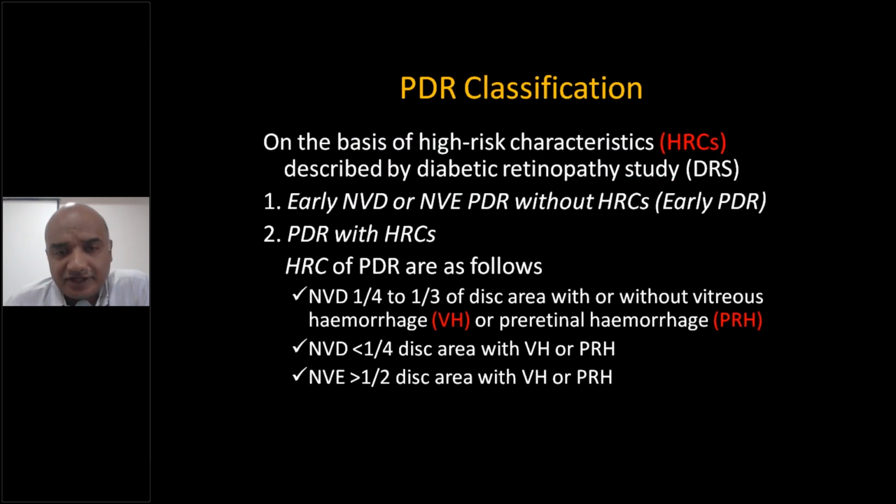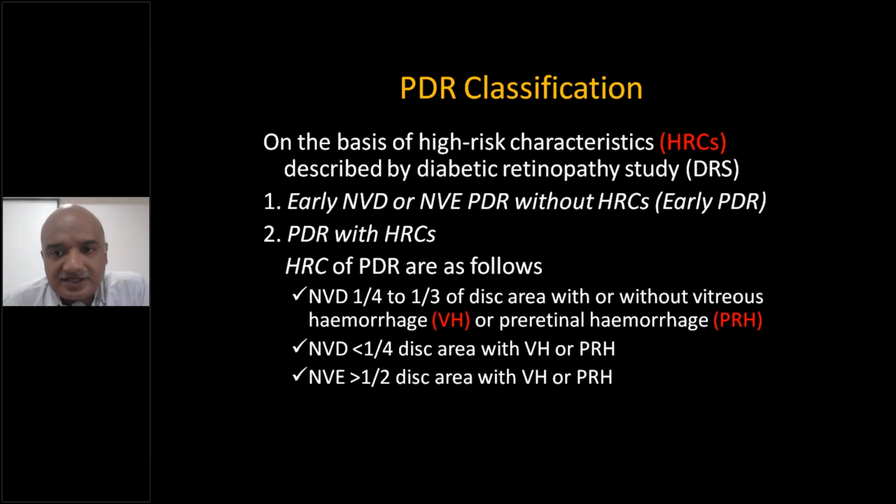How do you classify? Once you have diagnosed a patient to have proliferative diabetic retinopathy, the next thing is what stage? How serious is this proliferative diabetic retinopathy? So they have identified a few risk factors for that. They are called high risk factors, or high risk characteristics, HRC.